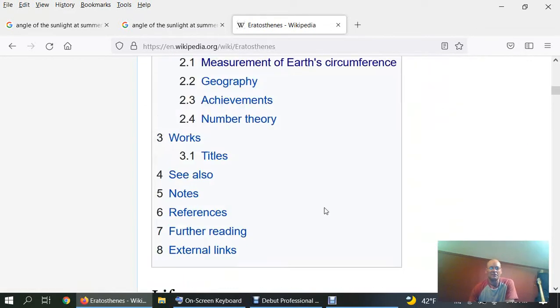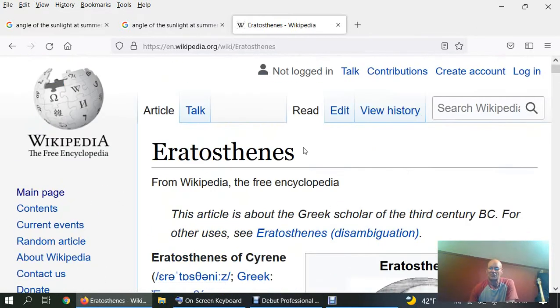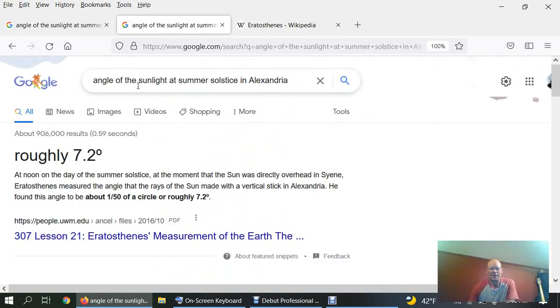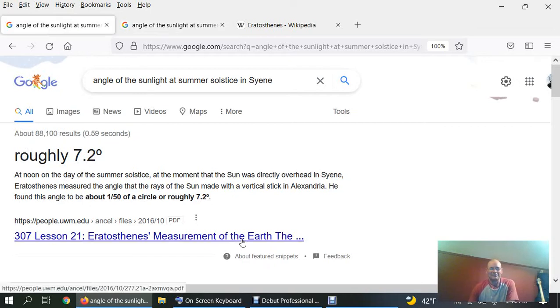So I wanted to calculate the distance to the sun doing the same method, knowing the distance between the two cities. And so I Googled the angle of sunlight at summer solstice in Alexandria, and Google says roughly 7.2. And so I Googled the angle of the sunlight in Syene, and it is also roughly 7.2.